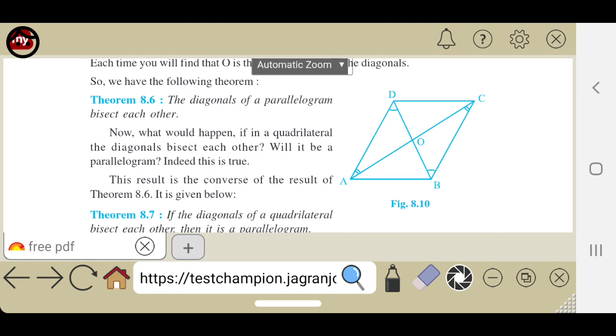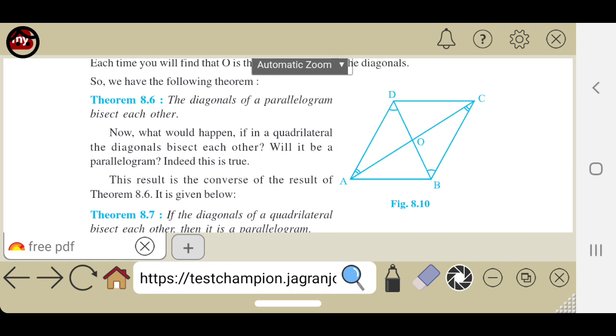Then next, the diagonals of a parallelogram bisect each other. The diagonals of a parallelogram bisect each other. That also we can show: the diagonal of the parallelogram divides it into two congruent triangles.